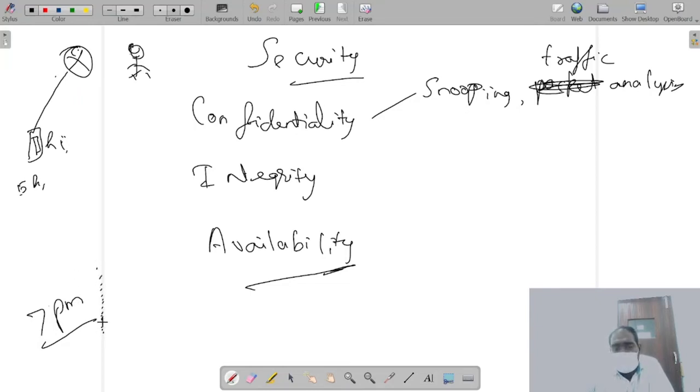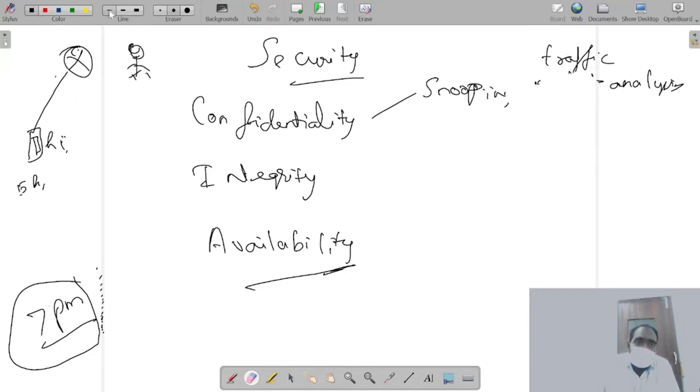Like this is our daily habit. Now Geo, the ISP will know that every 7 p.m. he is watching something, right? He can do some traffic analysis and figure out what we are doing. That is again breach of confidentiality. This should not happen, right? So that is some ways of breaching confidentiality.